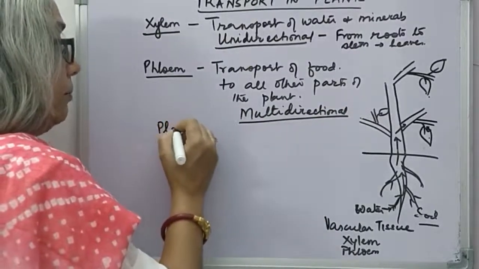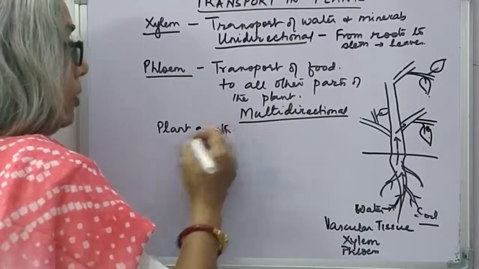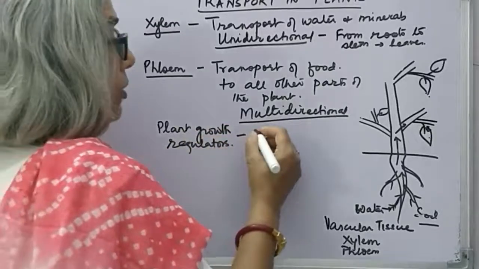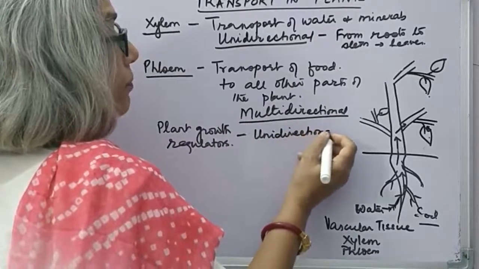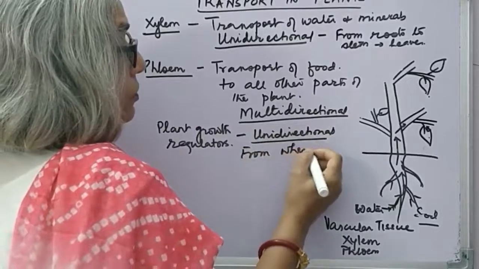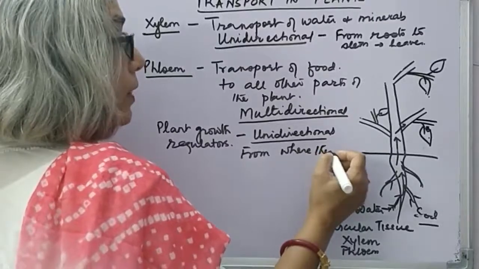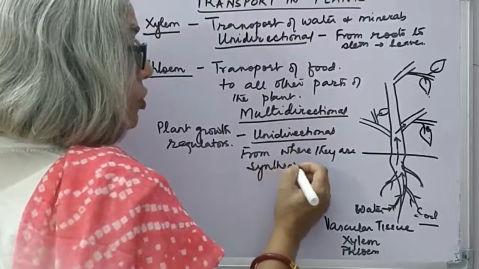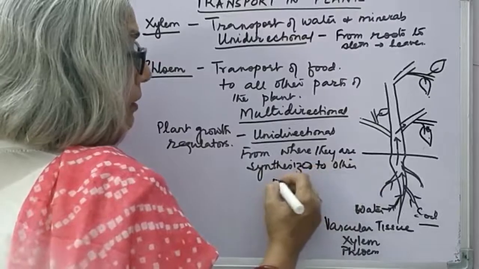Then the plant hormones, or we also call them plant growth regulators. The movement of these plant hormones is also unidirectional, from where they are synthesized, that is the organs or parts where they are synthesized or produced, to other parts where they are required.